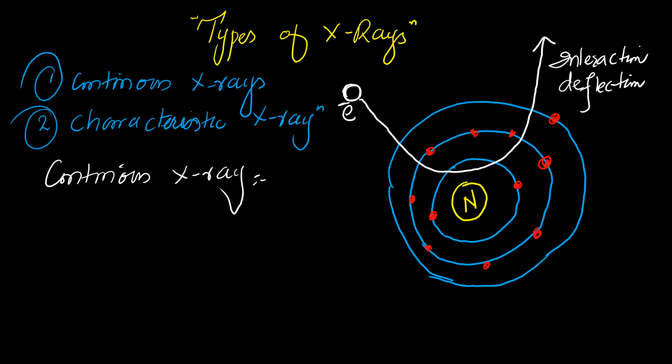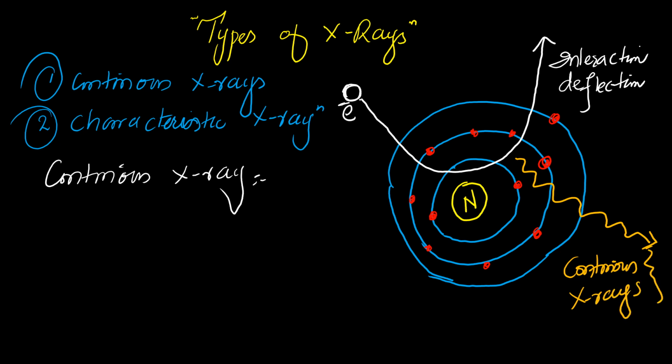This deflection causes a generation of electromagnetic radiation, and this electromagnetic radiation is known as continuous X-rays. These types of electromagnetic radiations are continuously produced whenever electrons are incident on the surface of metallic atoms.